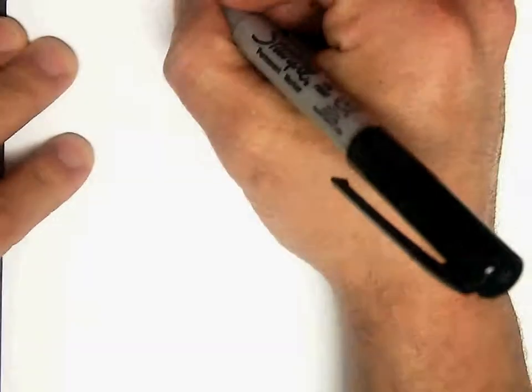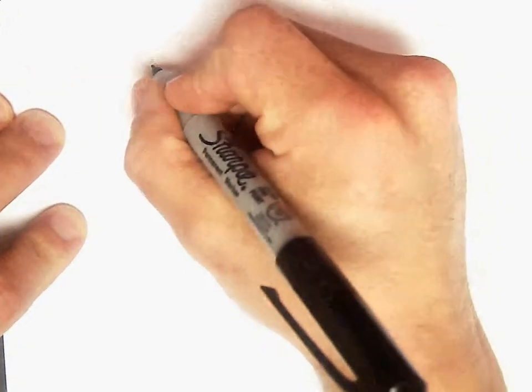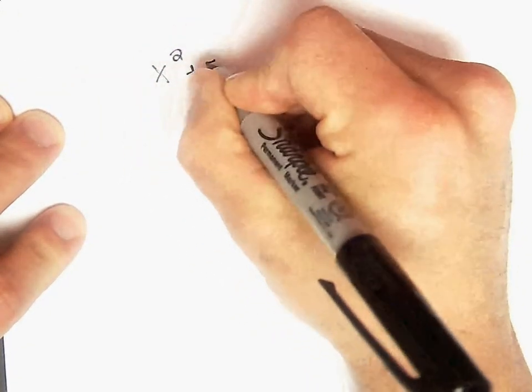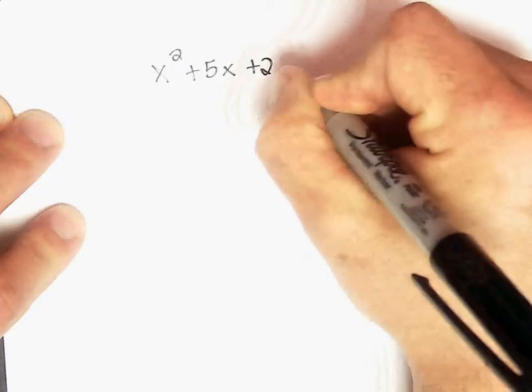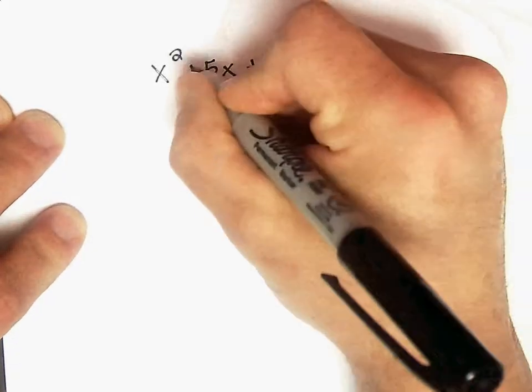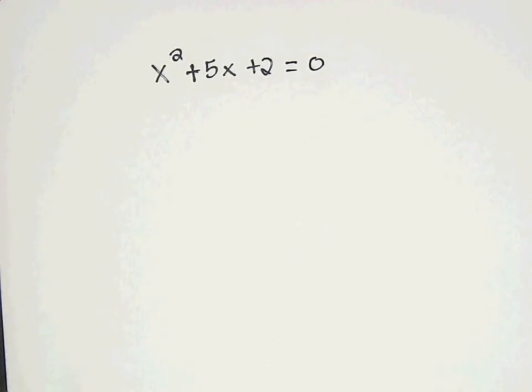So let's say I give you an equation, and that particular equation is not factorable. So I don't know, let's go with x squared plus 5x plus 2 equals 0. Okay? So your first thought when you see this is you're probably thinking, oh, let's factor this.